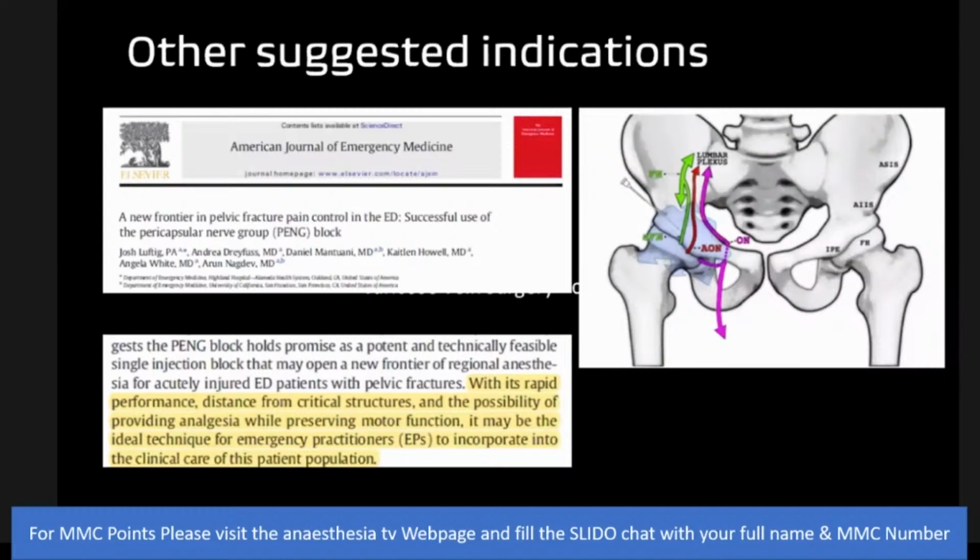Recently, PENG block has been explored in other scenarios like pelvic fractures. They used slightly higher volumes, 30 to 40 ml, and found that PENG block has rapid action and may be used as an on-arrival block for such pelvic fracture patients or acetabulum fractures as well.